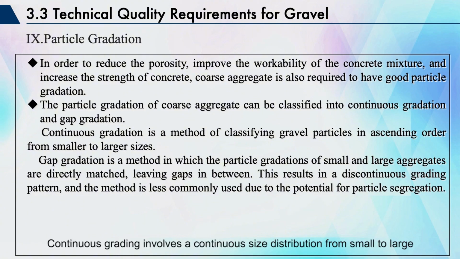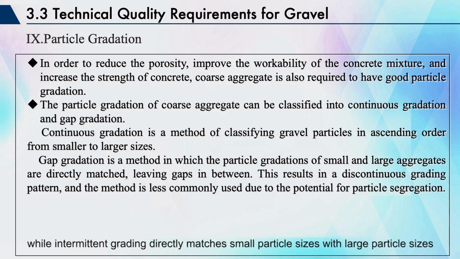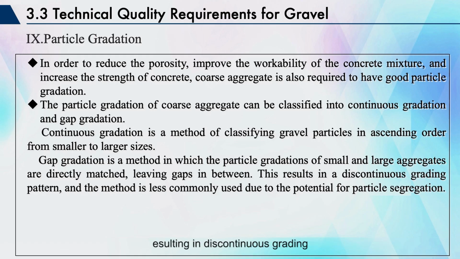Continuous grading involves a continuous size distribution from small to large, while intermittent grading directly matches small particle sizes with large particle sizes, resulting in discontinuous grading. Intermittent grading should be used sparingly due to the potential for segregation.